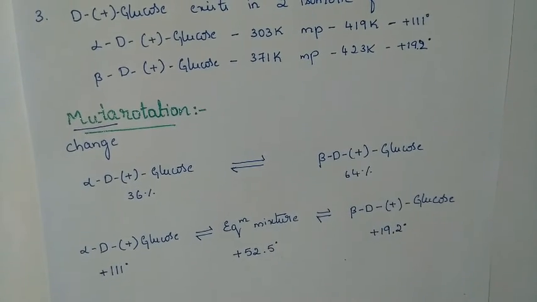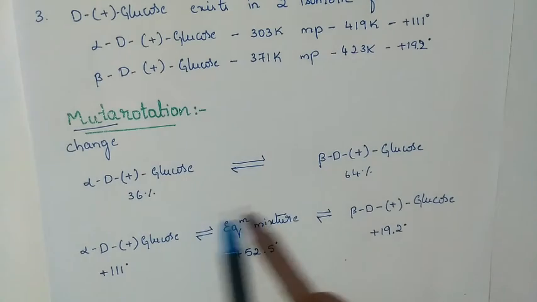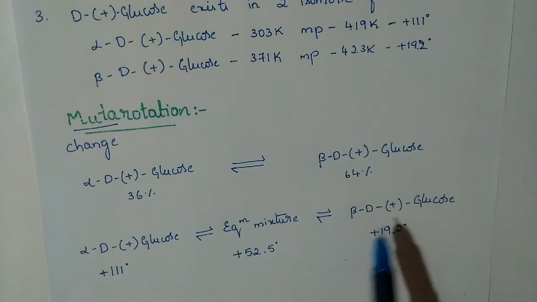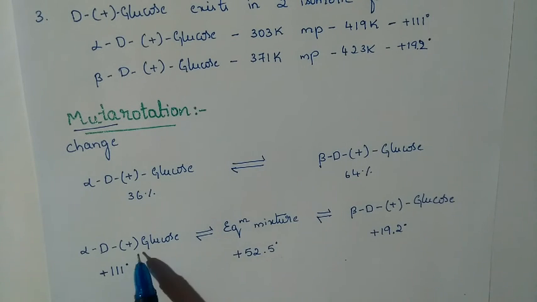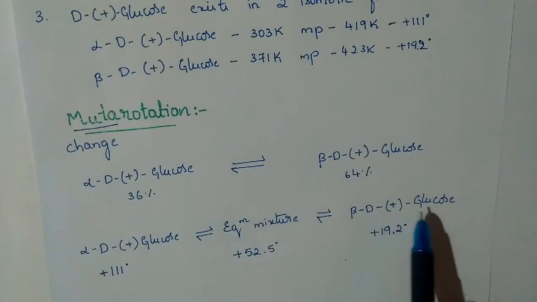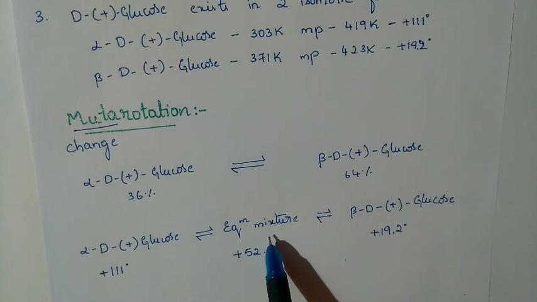If that solution is allowed to stand, again it gives rise to an equilibrium mixture with a specific rotation of plus 52.5 degree. So either you take this substance or that one, you are going to get this equilibrium.